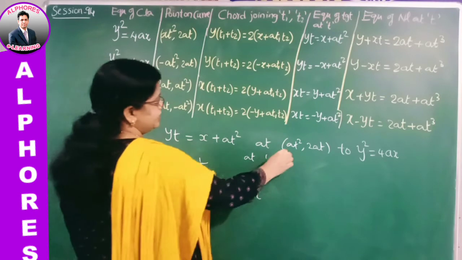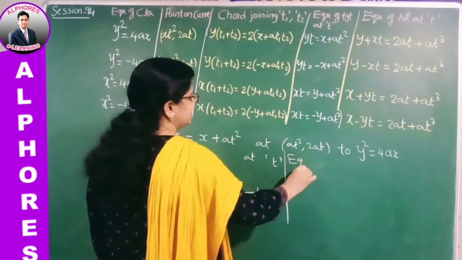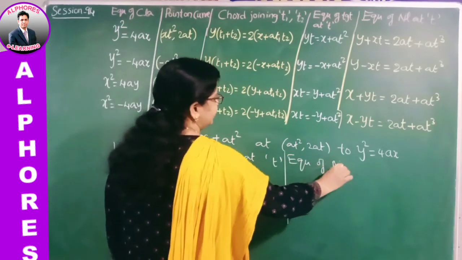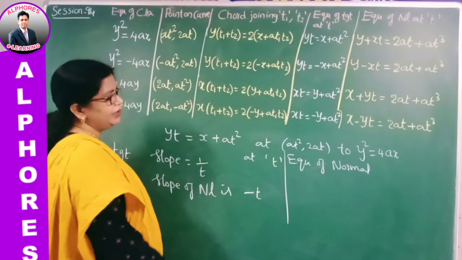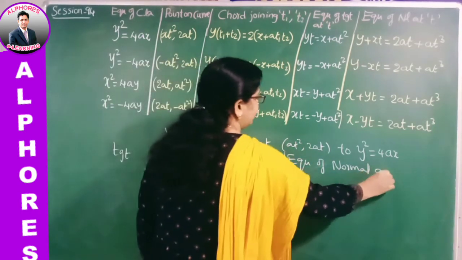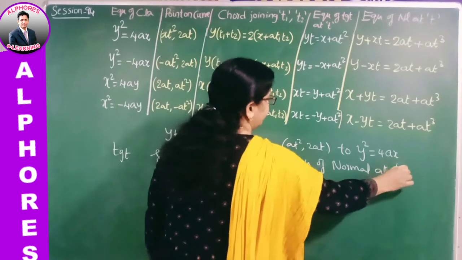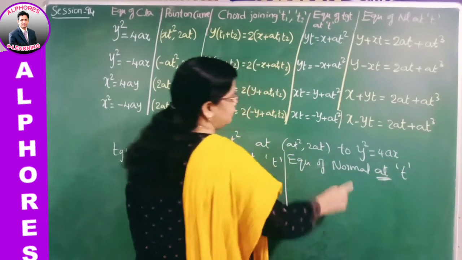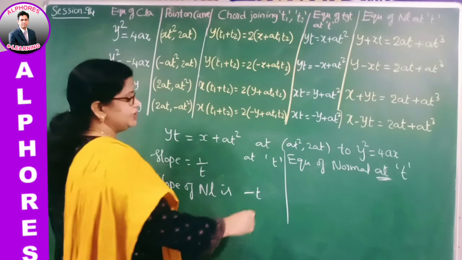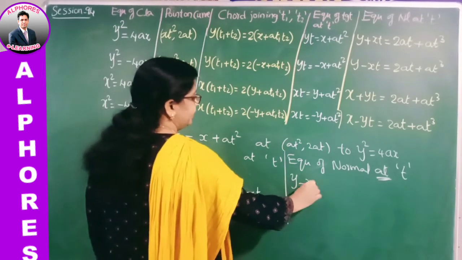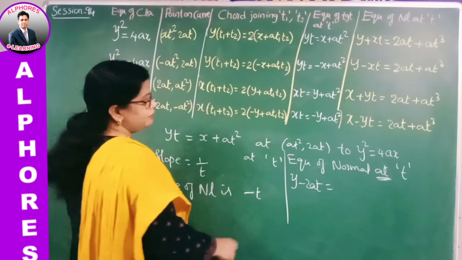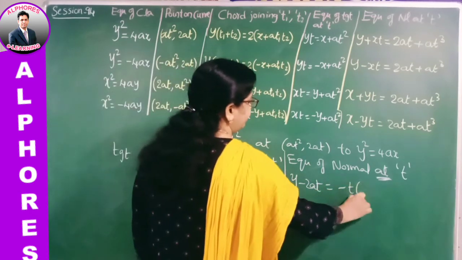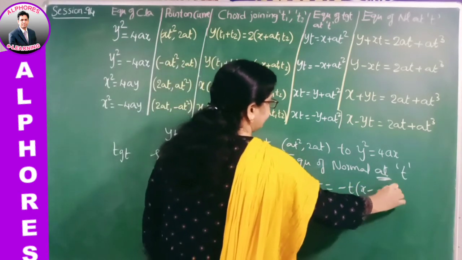Therefore the equation of normal is given by our usual formula, since you know the slope and the point of contact. The equation of normal at t to the parabola y square equal to 4ax is y minus y1, that is 2at, equal to minus t, into x minus at square.